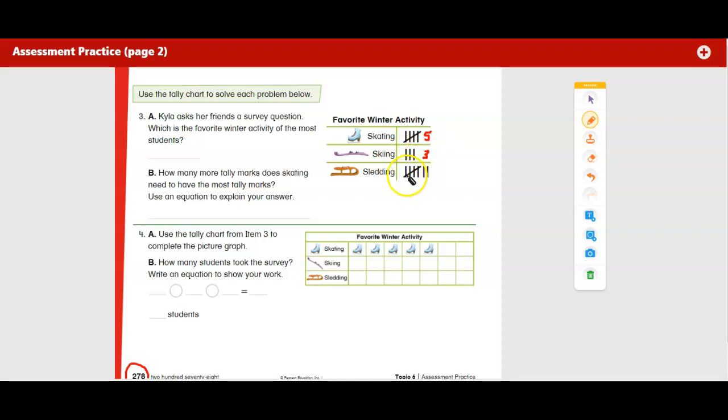And sledding had 5, 6, 7 votes. So which is the favorite winter activity? Sledding. So for 3A, you just had to write the name of that activity. So it should all have sledding in the blank for part 3A.